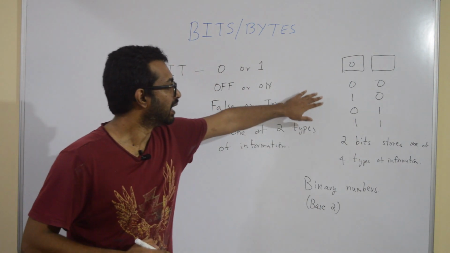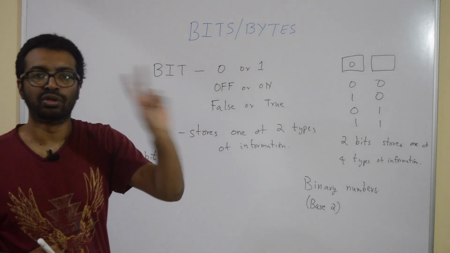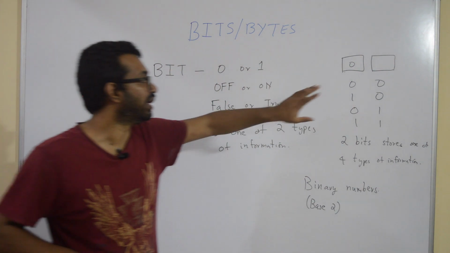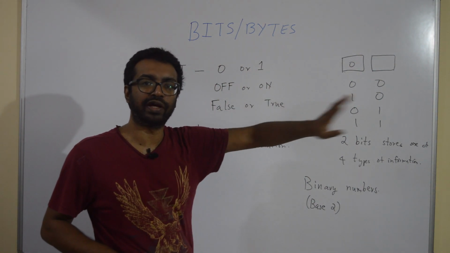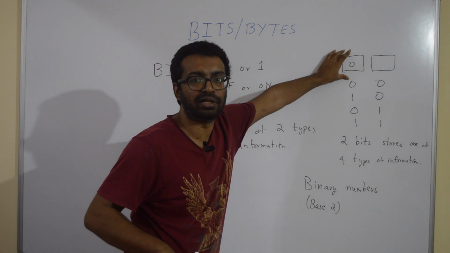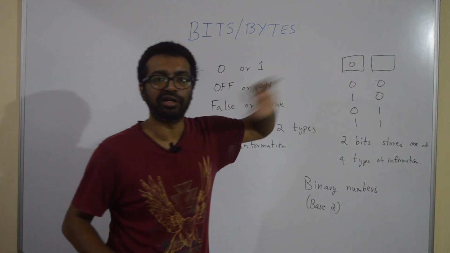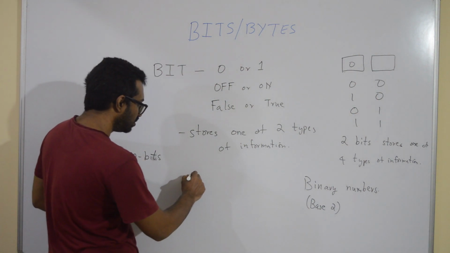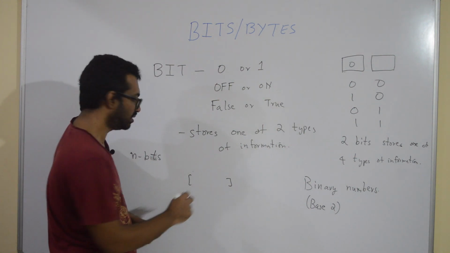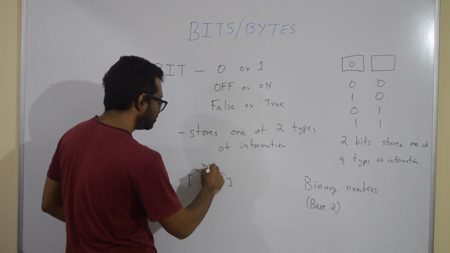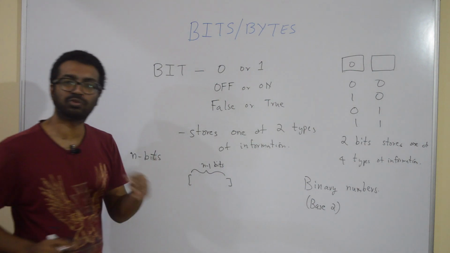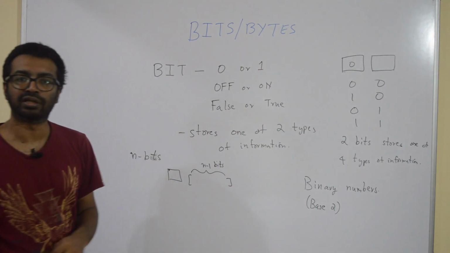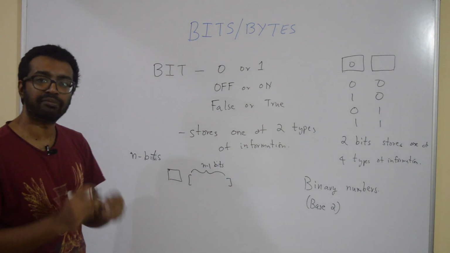What did we say here? If I had one bit, I had two possibilities, 0 or 1. When I had 2 bits, I could do 4. Why? Because we said that adding one extra bit doubles. This is exactly what we can have here. So let's say n minus 1 bits are here, and I have this extra nth bit, right?